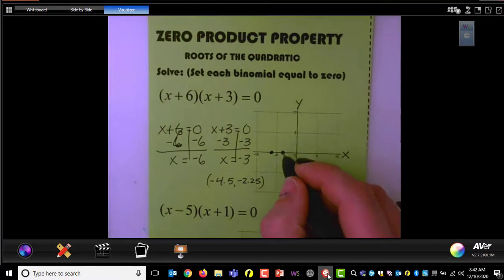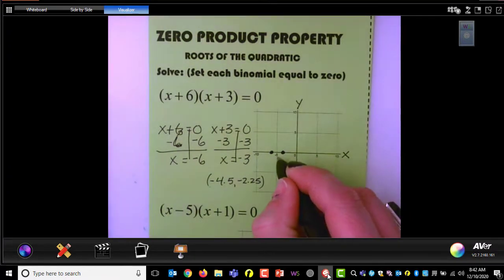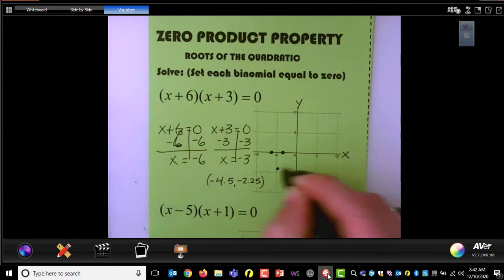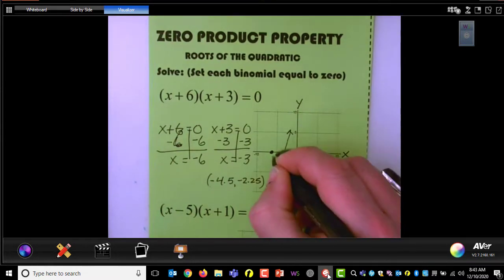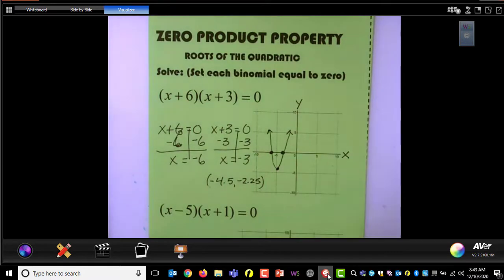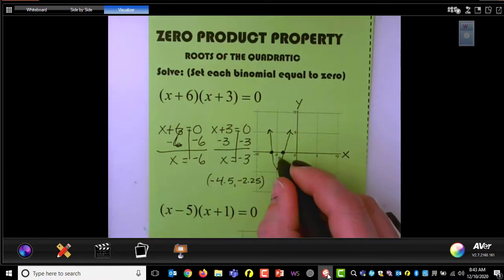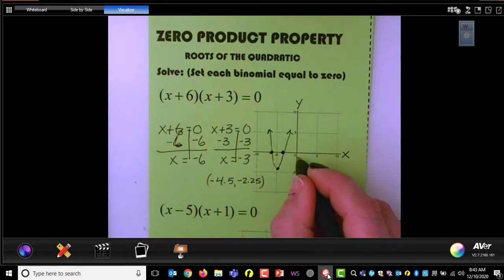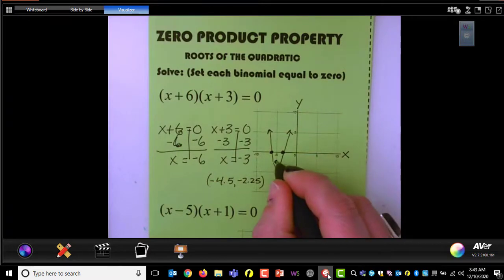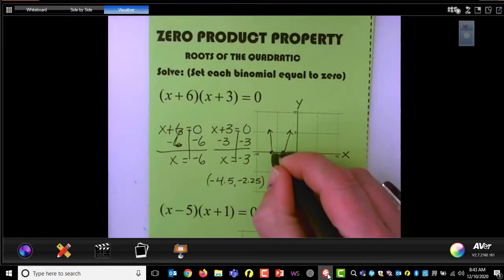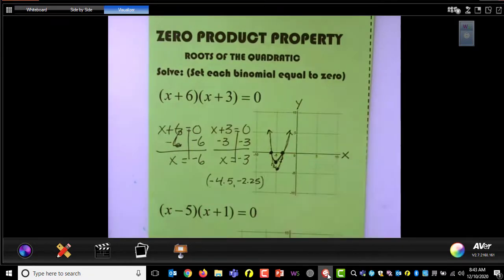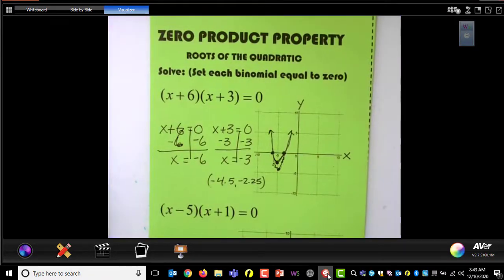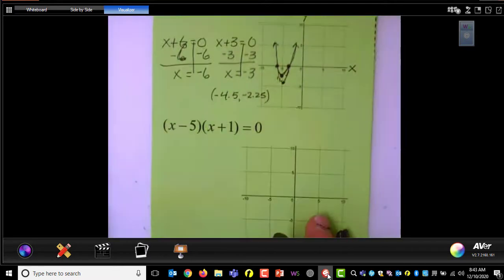And again, you just have to approximate. And I will just then make a sketch. Okay, and I'm off just a little bit, -2.25. I should have been up just a little bit here. There we go.